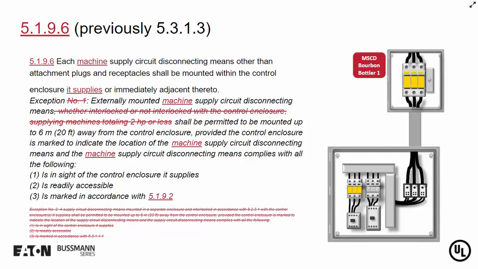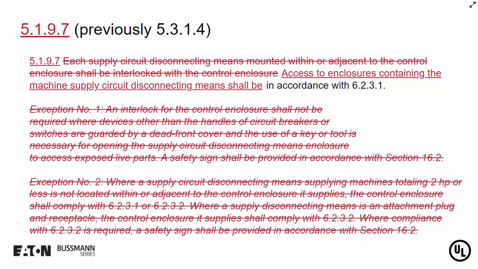It was no longer necessary to distinguish between machines that are more than 2 horsepower from ones that are not. So we kind of have more general options for enclosure access. And the last thing we did, in the second draft, we added "it supplies" for clarity.